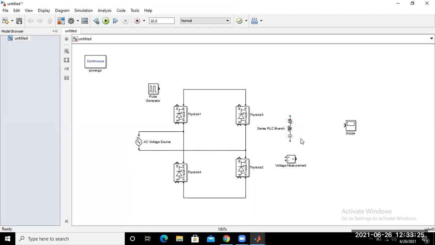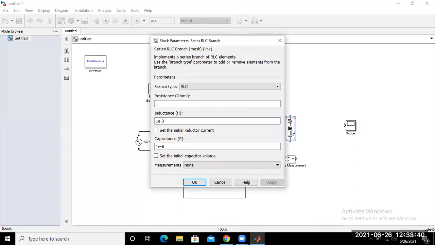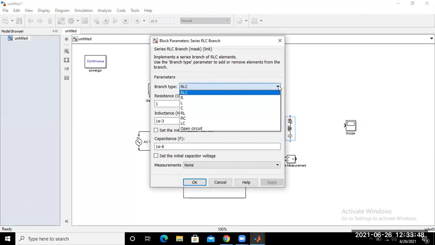Now this is your RLC. Okay. So what is our load? Purely resistive. So how can we change this RLC load to an RL load? Just double click on this block and look this way. Here you choose the type of load, that means either pure resistive load, inductive load, capacitive load, RL load or RC or maybe LC.